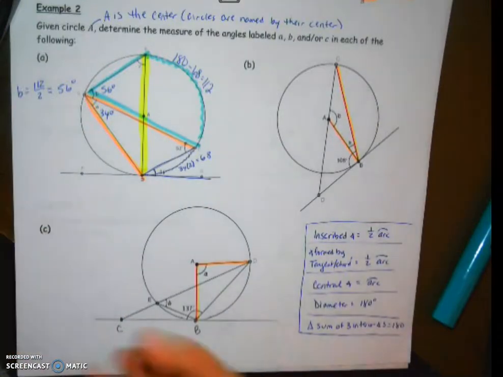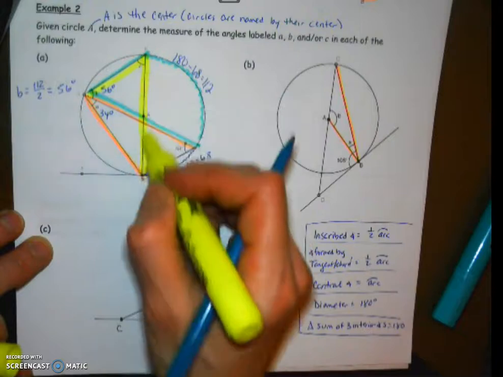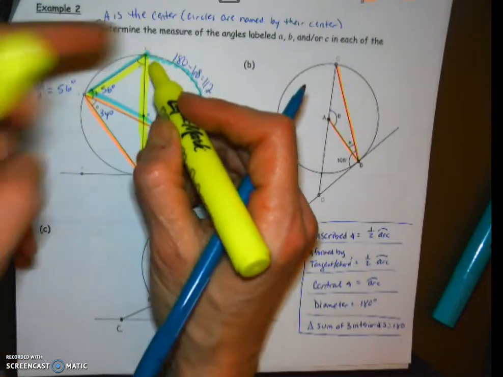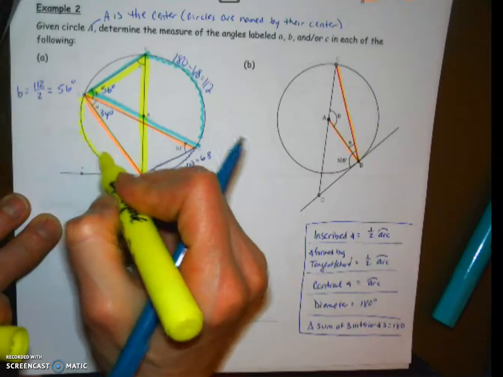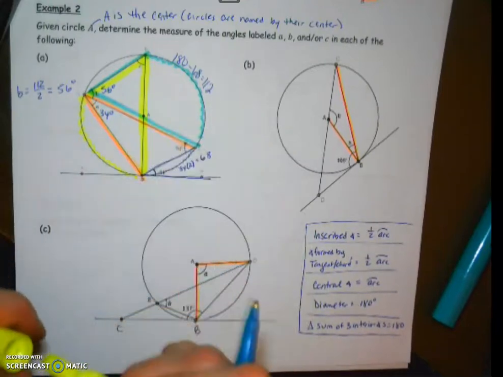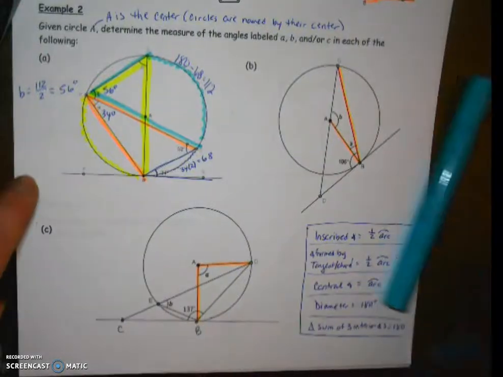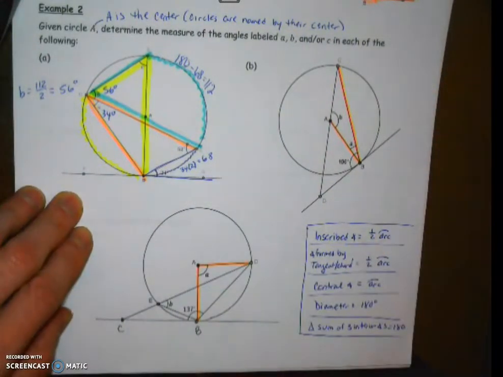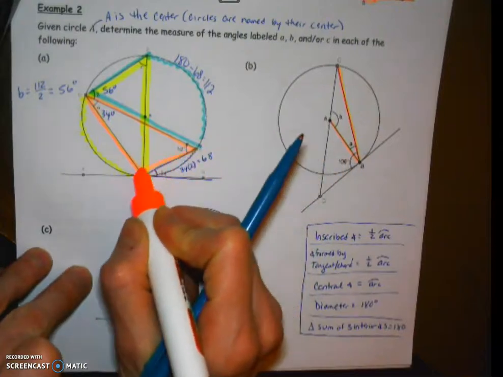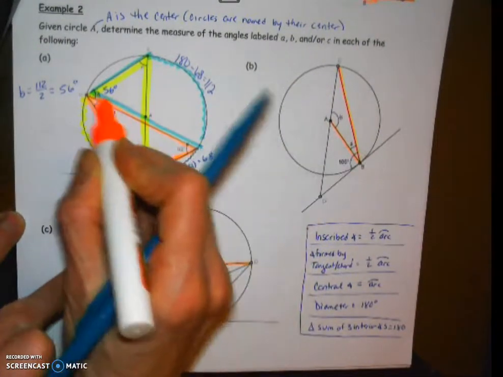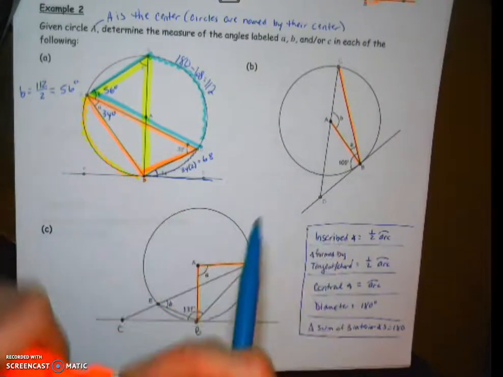And then the last thing they want us to find is the measure of angle C, which is another inscribed angle. The vertex is on the circle, and the two sides are chords. So it's going to be half its intercepted arc, which means angle C is going to be half of arc DB. Well, how am I going to get that? Well, if I take a look here, they gave me this 52-degree angle, which happens to be another inscribed angle. So that means that that inscribed angle is going to be half of this intercepted arc.